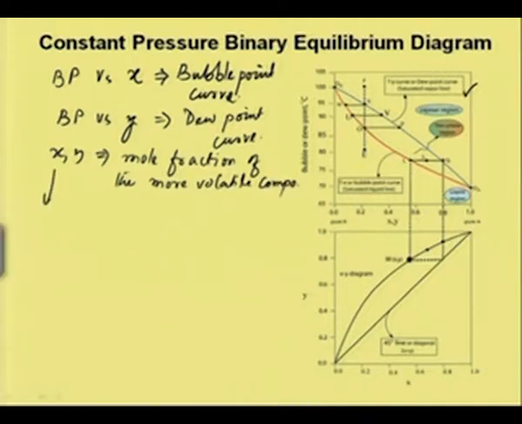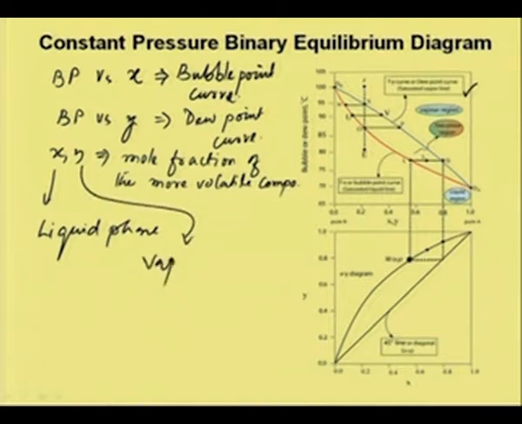X is in the liquid phase and y in the vapor phase. The less volatile component would be 1 minus x and 1 minus y.